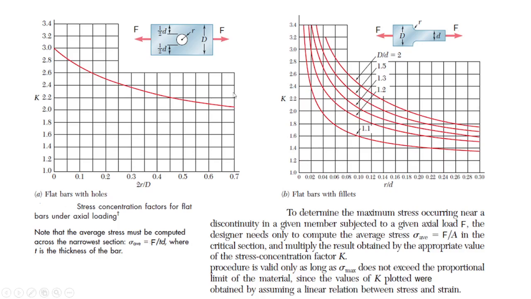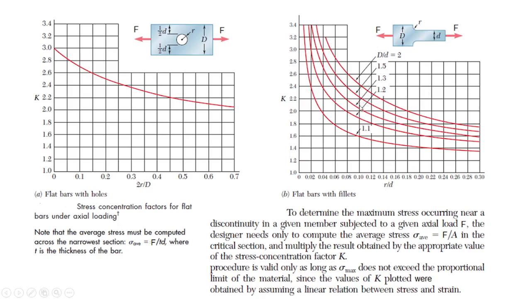Increasing the rounding radius, the filleting radius, while following this curve, we can see that the maximum stress decreases, because we use a smaller K factor with the increasing rounding radius.